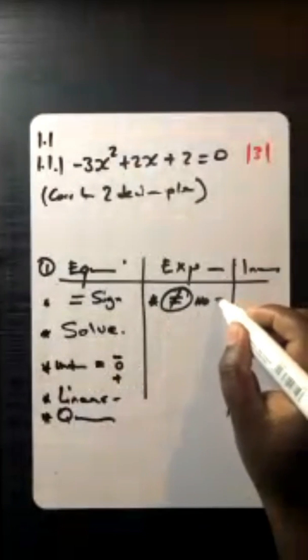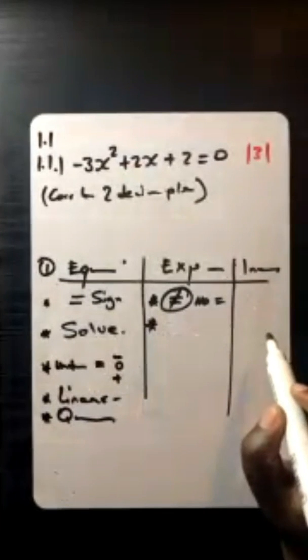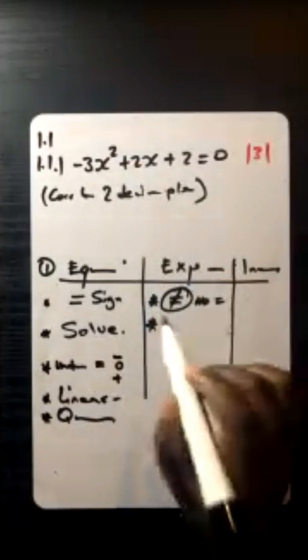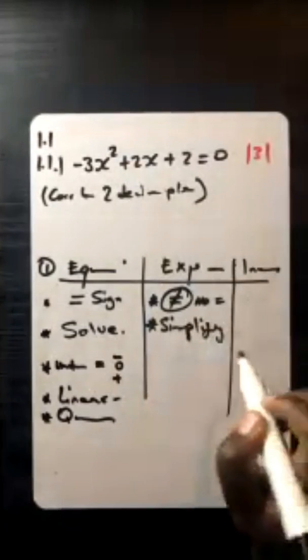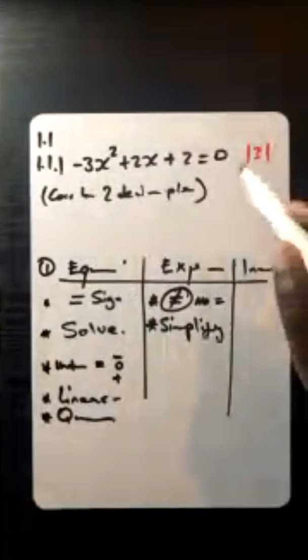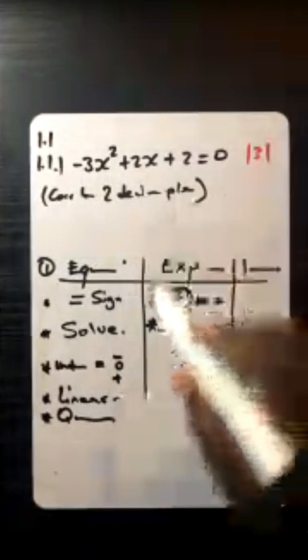No equal sign. And again, if you know you're dealing with an expression, it means you simplify. So it's as simple as that. Obviously, when you simplify, it means you are given a very long or complicated expression, which you need to write in its simplest form.